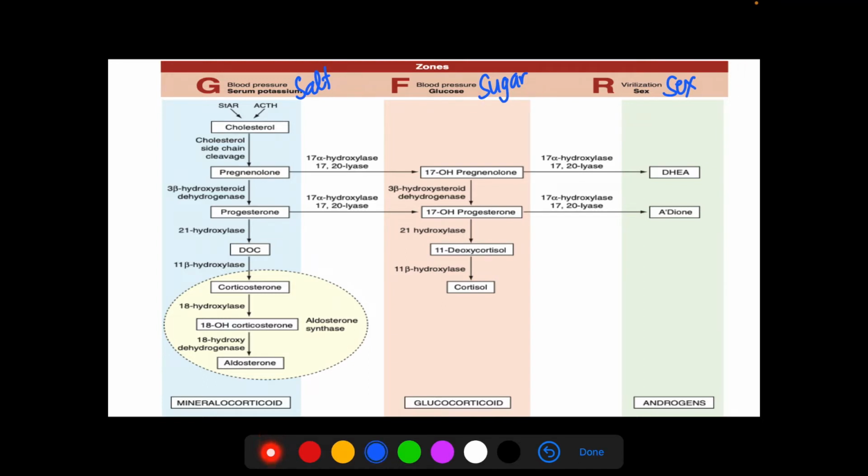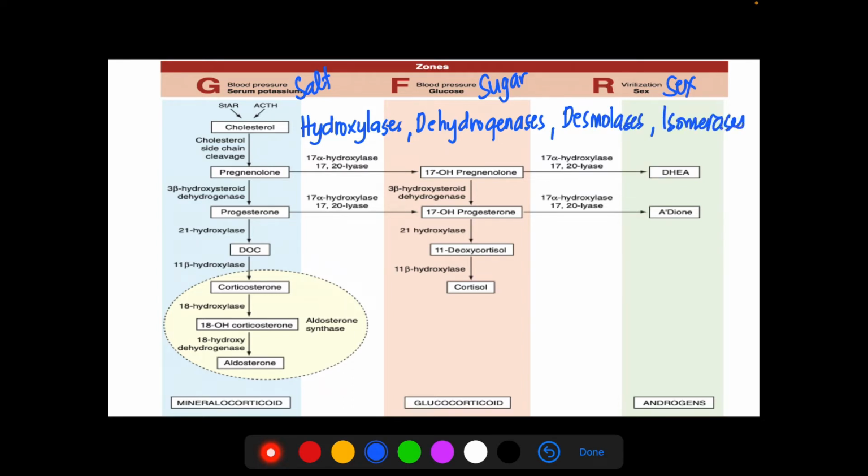And also, as I have mentioned, the steroidogenic pathways involve enzymes. The enzymes that catalyze these synthetic reactions, as you can see in the illustration, are of 4 general types. We have the hydroxylases, the dehydrogenases, the desmolases, and lastly, the isomerases.